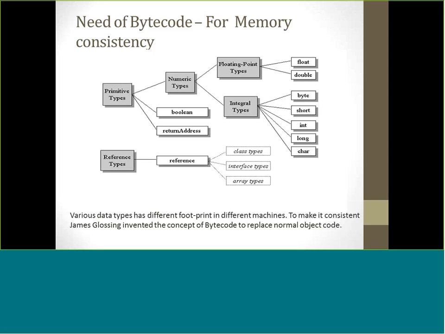That program is known as the JVM, and the specification, which does not directly relate to memory requirements, was bytecode. So bytecode was required to work with the various data types, because they have a different memory footprint on different machines. To make it consistent, James invented this concept of bytecode to replace normal object code.